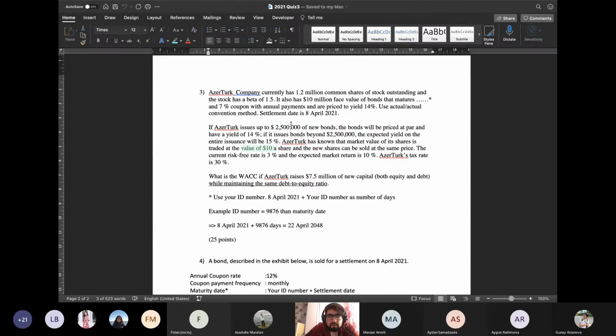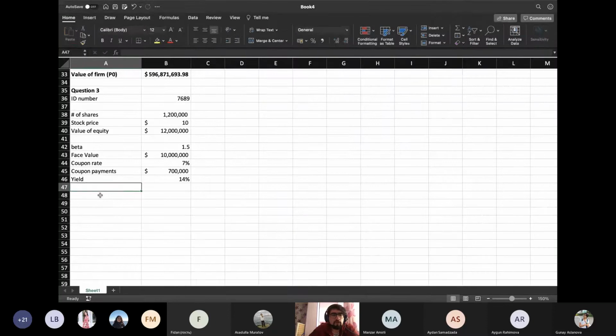If Azertürk issues up to 2.5 million of new bonds, the bonds will be priced at par and have a yield of 14%. If it issues beyond that, expected yield on the entire issuance will be 15%. So we have here threshold, $2.5 million.